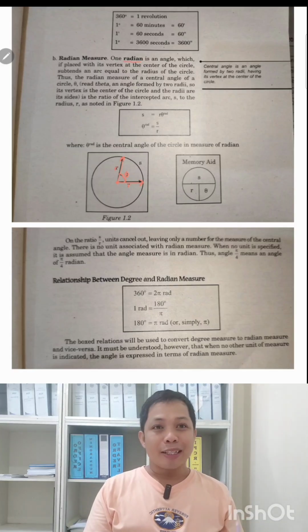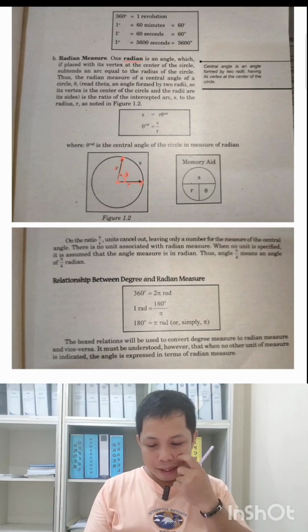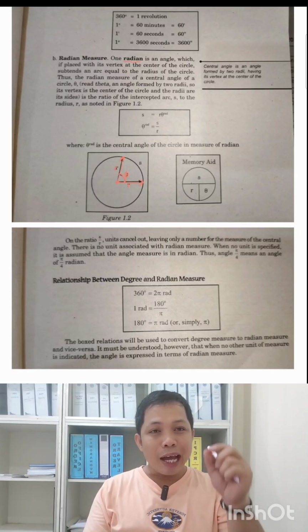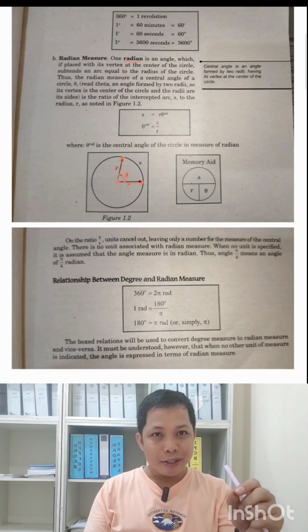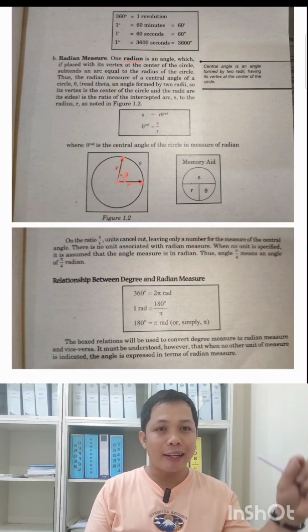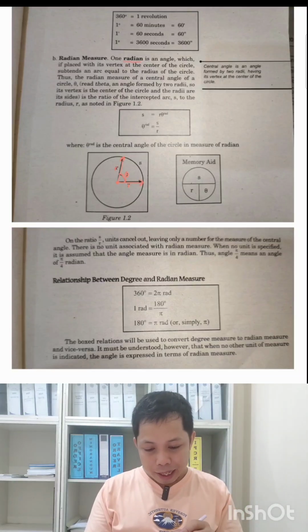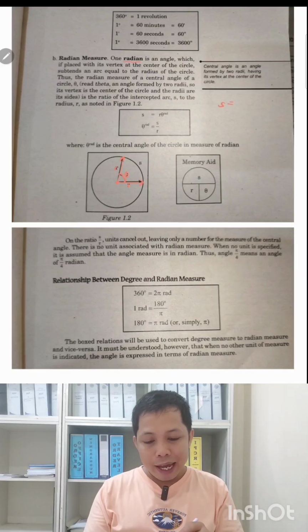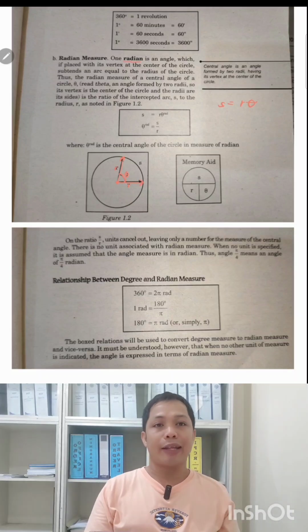So now, especially in geometry, we know that the intercepted arc equals the radius times the angle. So we are talking about the central angle here, right? Now, we have a memory aid for the formula because S, the intercepted arc, is equal to the product of the radius and the angle theta.